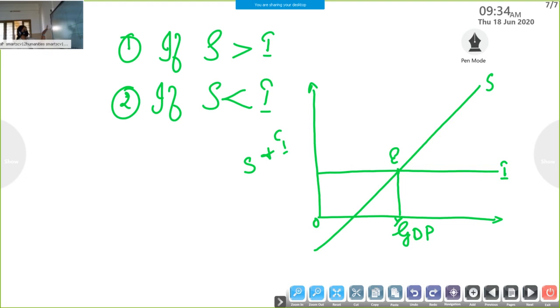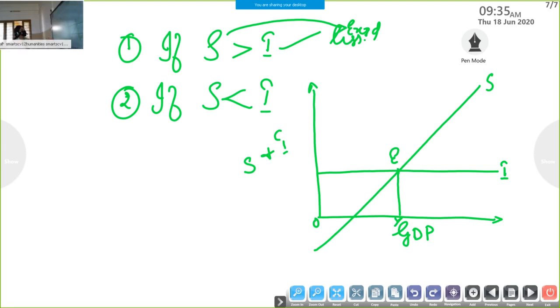Okay, then come to the point, if saving is greater than investment, what does saving show? It means household expenditure is less. They are not ready to spend the money, they are saving, their saving is more. So expenditure is less. Understood? Saving is more means expenditure is less.